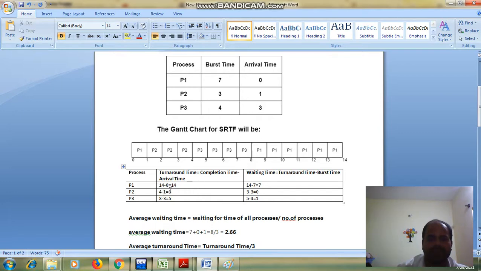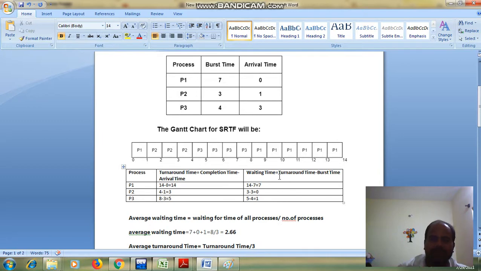P1 completed at 14 seconds and arrived at 0, so 14 minus 0 is 14. P2 completed at 4 seconds and arrived at 1 second, so 4 minus 1 is 3. P3 completed at 8 and arrived after 3 seconds, so 8 minus 3 is 5.